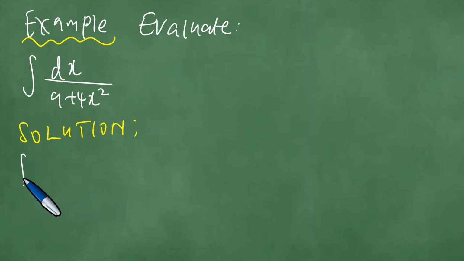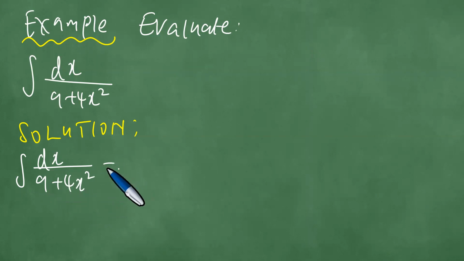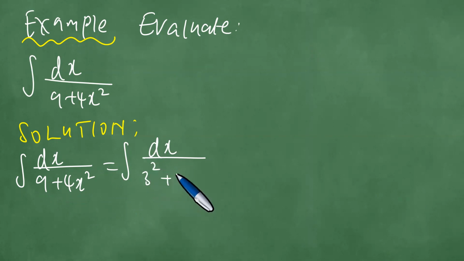We're looking at the integral dx over 9 plus 4x squared, which is the same as what? This integral here we can write as the integral with respect to x of 1 over 3 squared plus (2x) squared, like this.